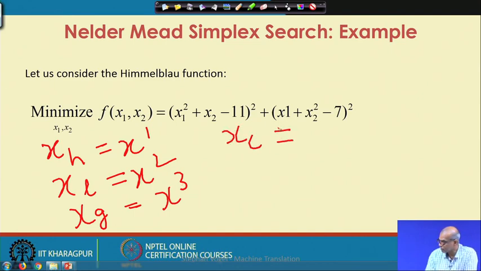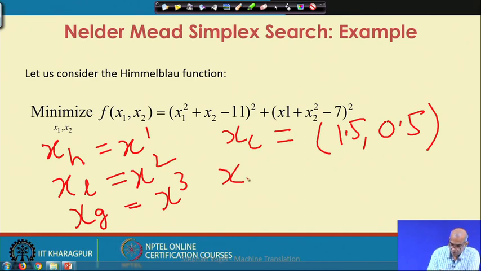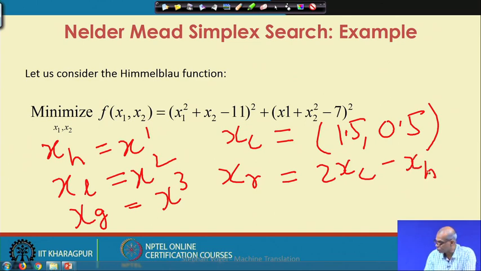It will be (x2 plus x3) by 2, and that you will obtain as (1.5, 0.5). So, get the reflected point xr as 2 xc minus xh, which is nothing but x1, and we will obtain this as (3, 1). Now the function value has to be obtained at xr.